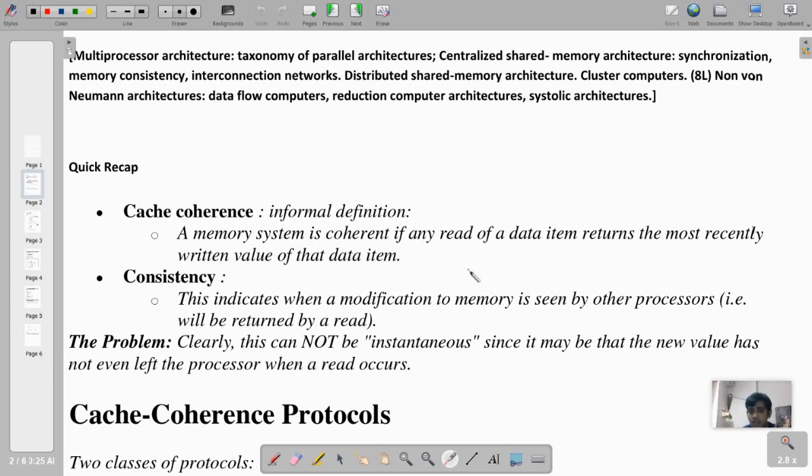However, this modification was not seen by processor P2. So, in that example, the memory system was inconsistent. And our goal in this video is to learn about the methodologies by which these problems can be solved.